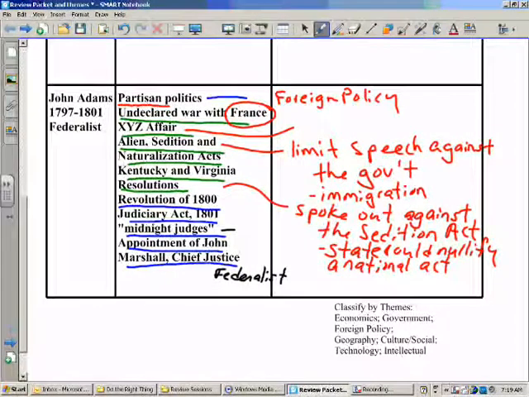Now, when James Madison became a member of Jefferson's cabinet, he denied these judgeships.